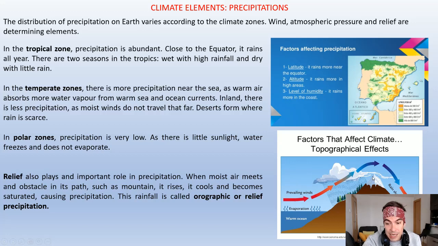Here it's raining on this side of the mountain because the air, which has a lot of humidity, gets colder, and when it gets cold enough to reach the point of condensation, the precipitation appears. This rainfall is called orographic or relief precipitation. Also, this is called the Foehn effect because the geographer that discovered this was a German one, and you may find it with that name, the Foehn effect. We don't have to know it.